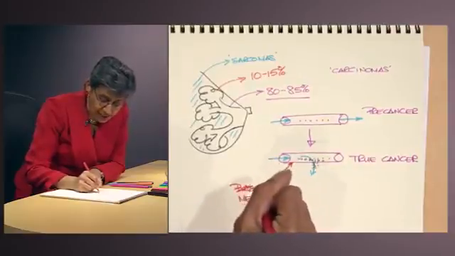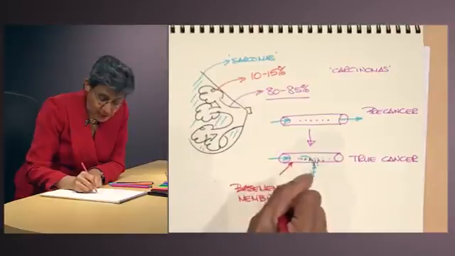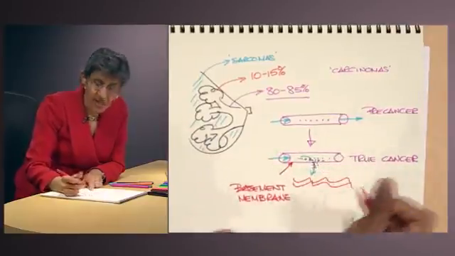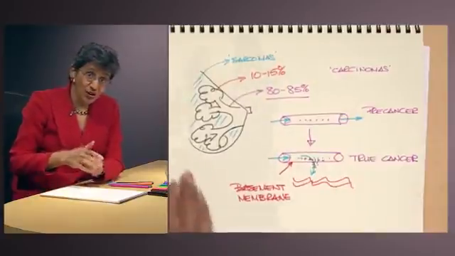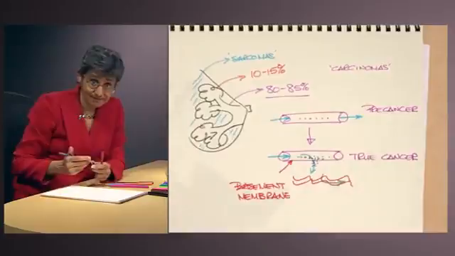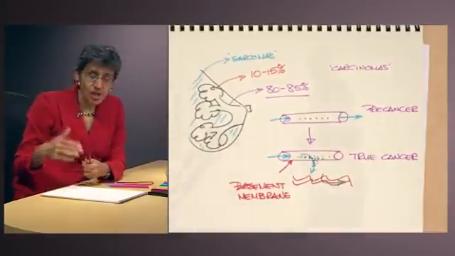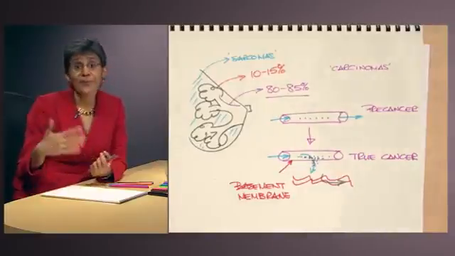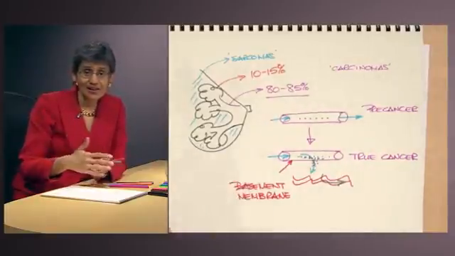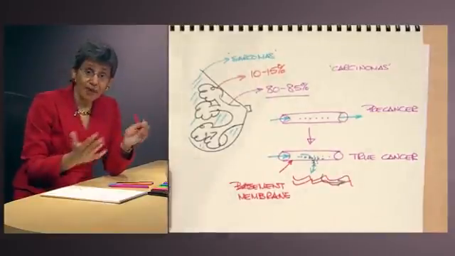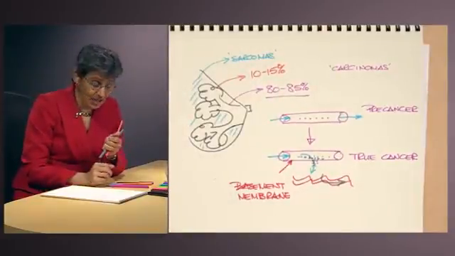That's because the basement membrane is what separates the ducts from blood vessels and lymph vessels, which then are the portal through which these cancers can spread. Okay, so true cancers have the ability to spread. They don't have to, but they could. Precancers don't have that ability because they're confined above the basement membrane.